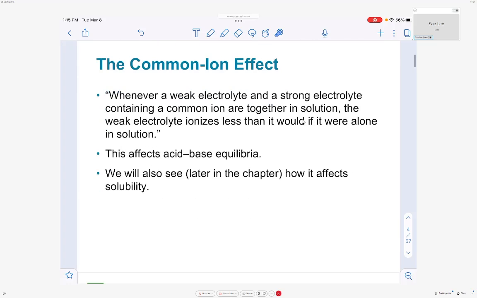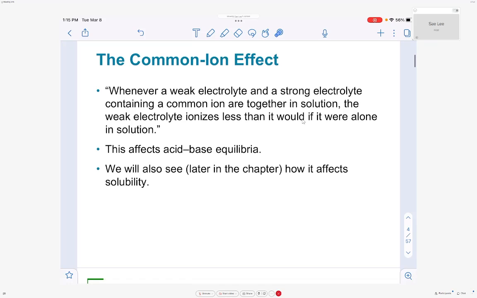So here is the summary for the previous observation. Whenever a weak electrolyte, what was the weak electrolyte? Acetic acid. And a strong electrolyte, what was the strong electrolyte? Sodium acetate.